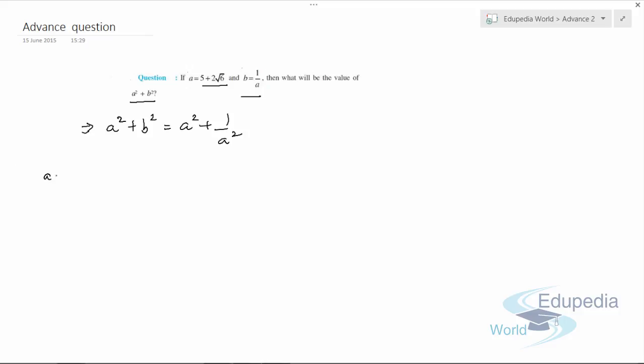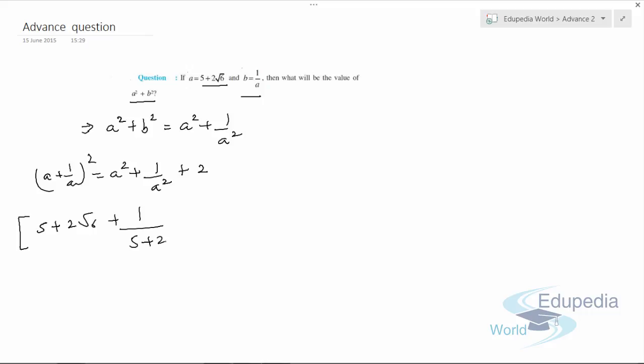So we apply the same identity. The identity is (a plus 1 by a) whole square equals a square plus 1 by a square plus 2. So we can write a as 5 plus 2 under root 6 plus 1 by (5 plus 2 under root 6) whole square equals a square plus 1 by a square plus 2.